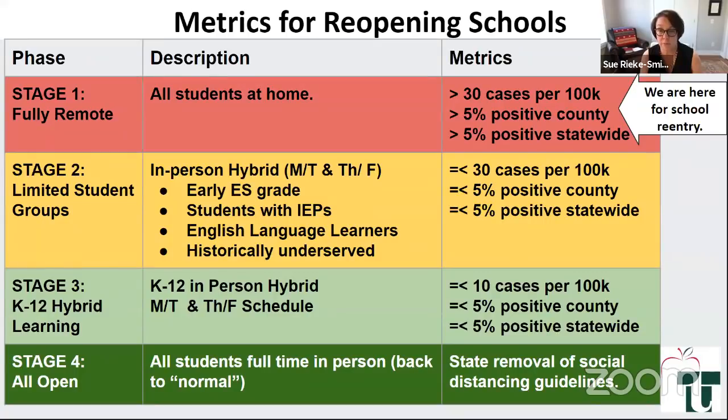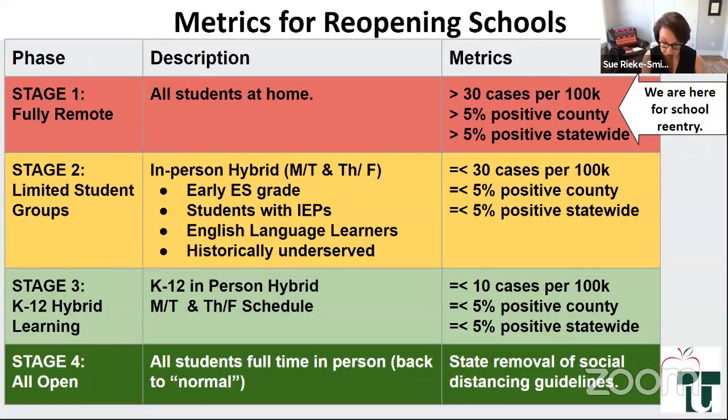Right now, we are fully remote because we've met these metrics, meaning we have greater than 30 positive cases per 100,000 for 7 days. We have greater than 5% test positivity in our county and in the state. That's fully remote. As a point of clarity, this last week, Clackamas's case rate was 31.6 per 100,000 and test positivity of 4.3.